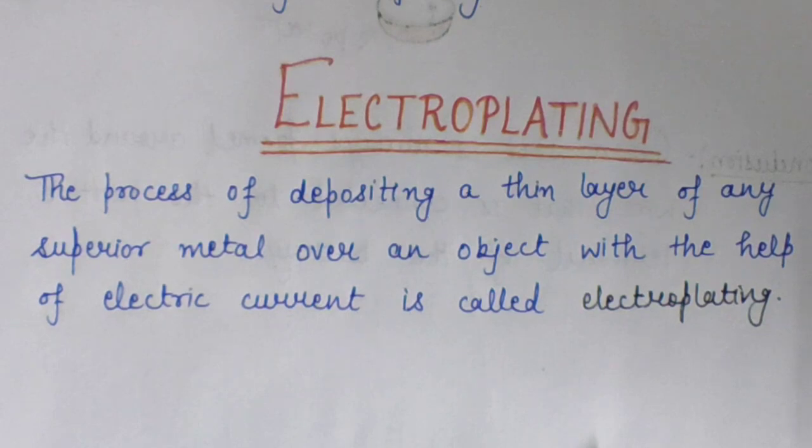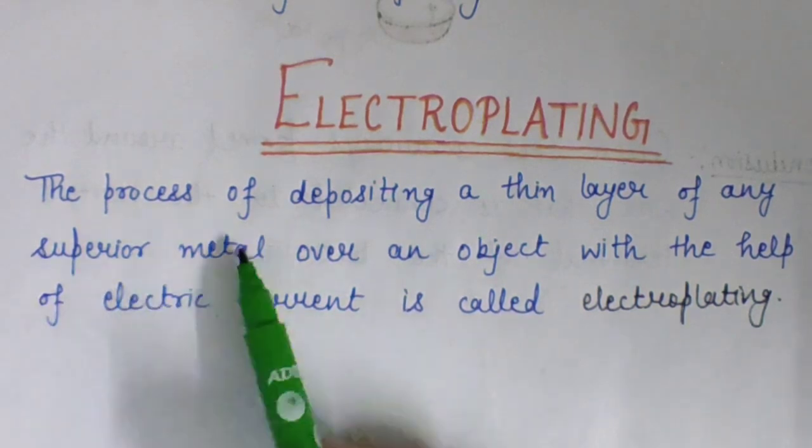It means what? There is a thin layer of gold over any other metal, and this is done with the help of electric current. Okay, how can we deposit a layer of gold onto the other metal? By the help of electric current.